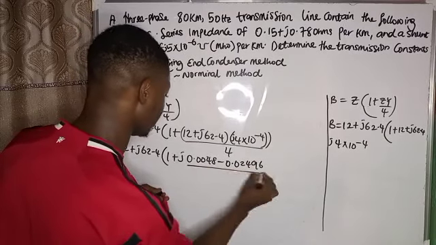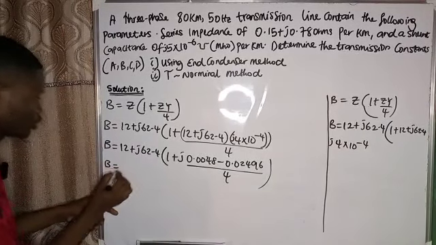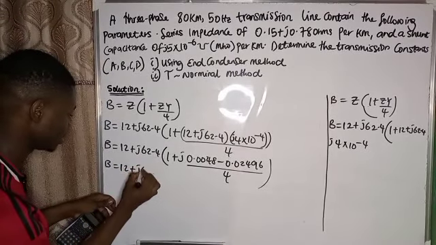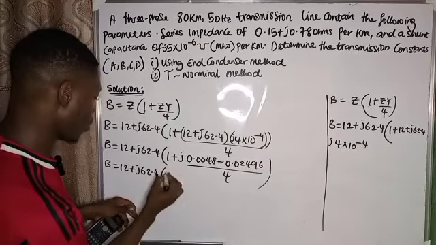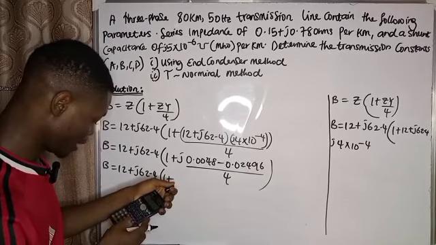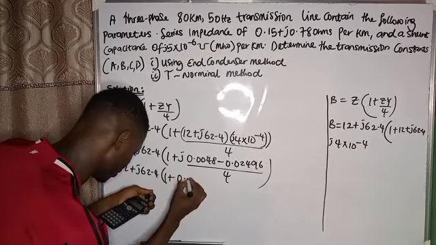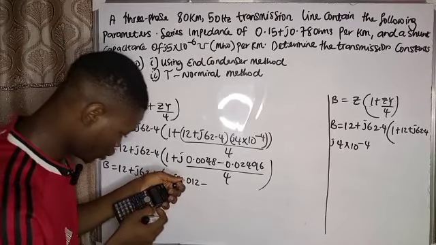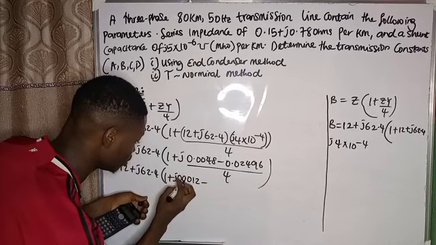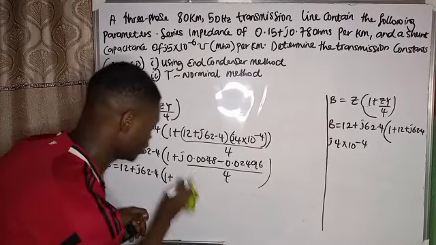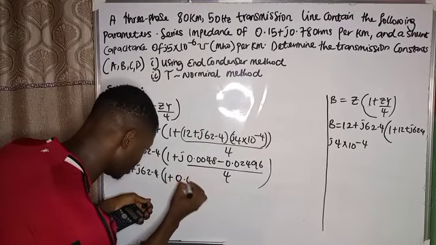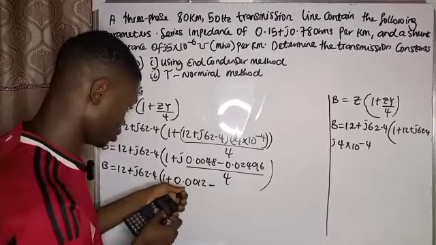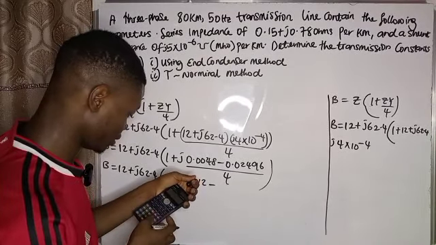So all over 4. So my B is equal to, let me just divide this once. 12 plus j62.4, times 1 plus 0.0048 divided by 4, which will give me j0.0012. Then minus 0.02496 divided by 4.